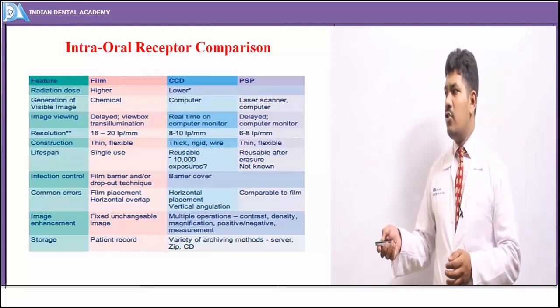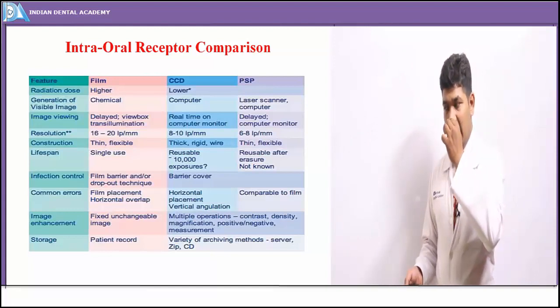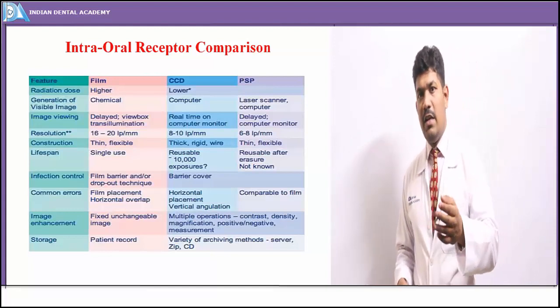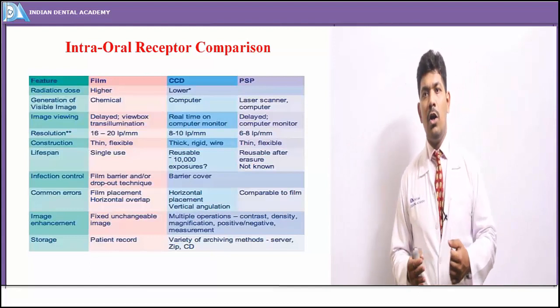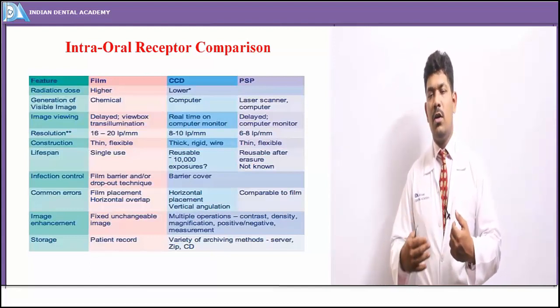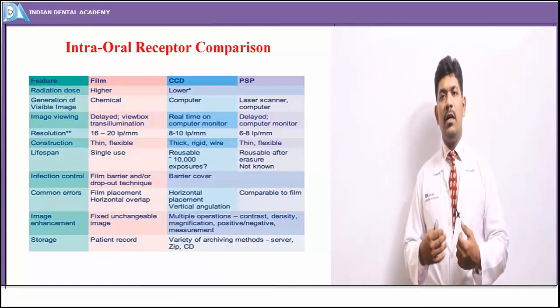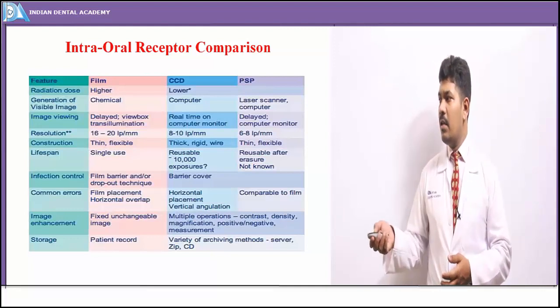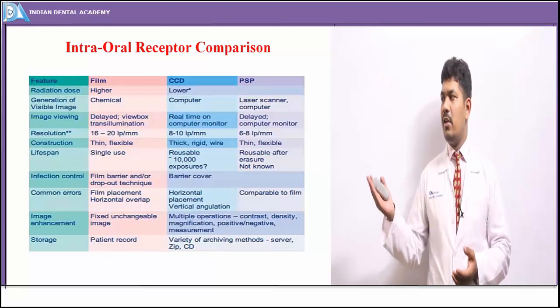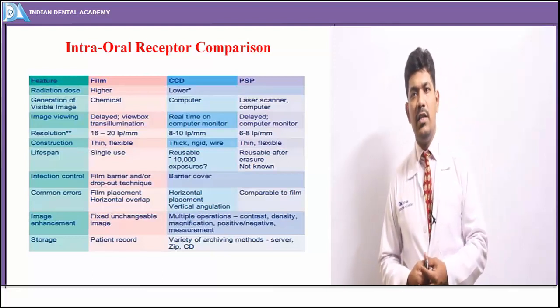We have your generation of visible image, that is via chemicals. You have your developers, fixers, the whole lot of liquid mess which we have to go about to develop a traditional film. Now that is totally eliminated via CCDs, which is computer generated or laser scanned, much easier and less hassle.